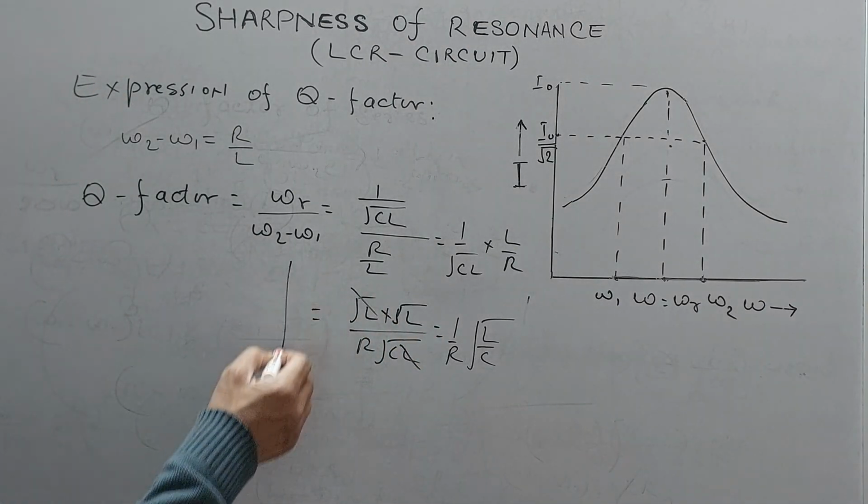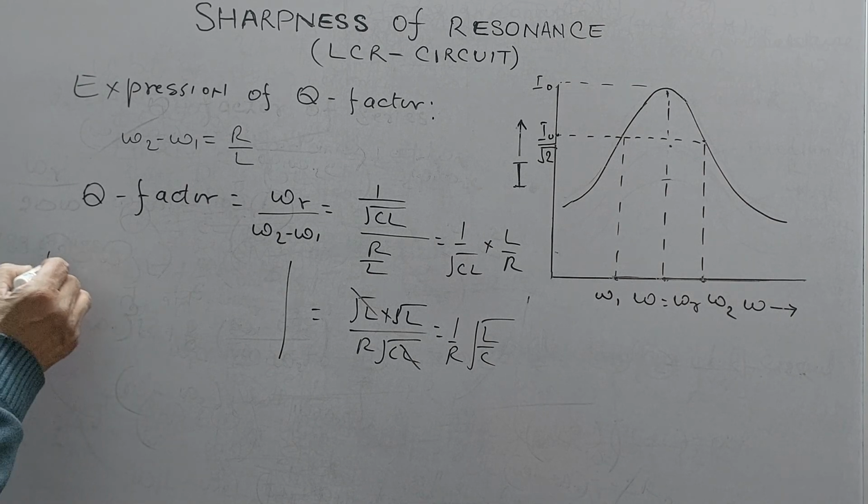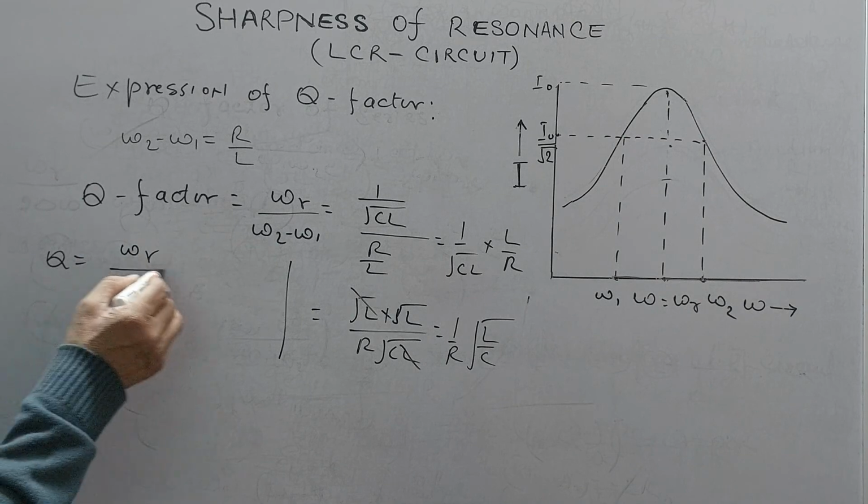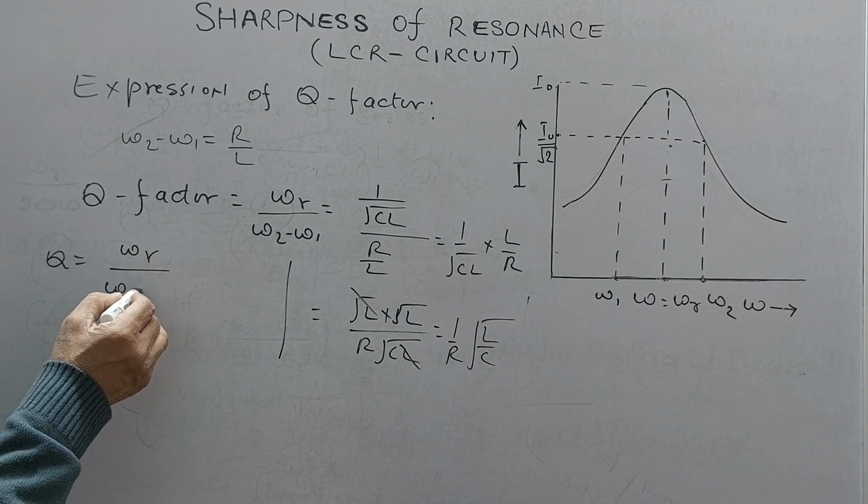This is one of the formulas of the quality factor. Another formula I would like to derive: we know that the quality factor is equal to resonance frequency divided by omega 2 minus omega 1.